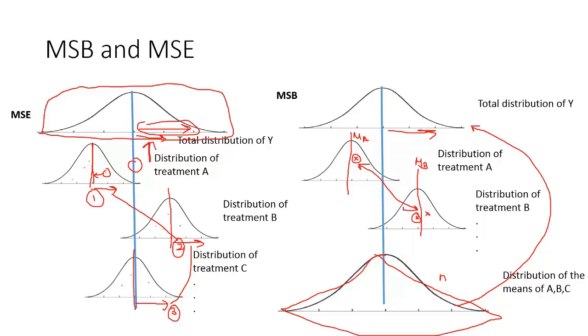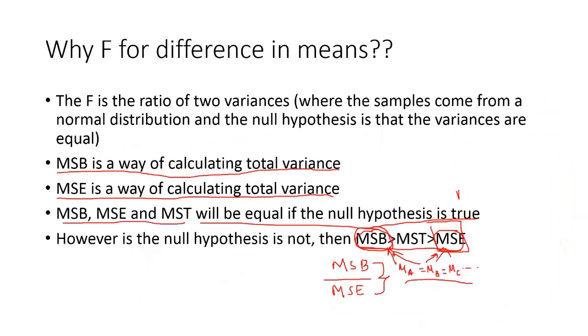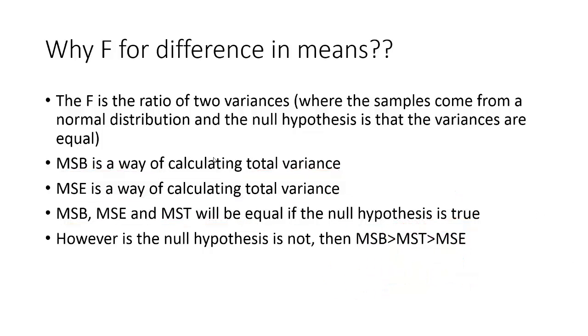Okay, so I hope that gives you some intuition on why the F-test for the ANOVA works the way it does. But the important thing for you to remember is that the F is a ratio of two variances. The core idea is you are using the F-test, which is used for ascertaining whether two variances are equal.